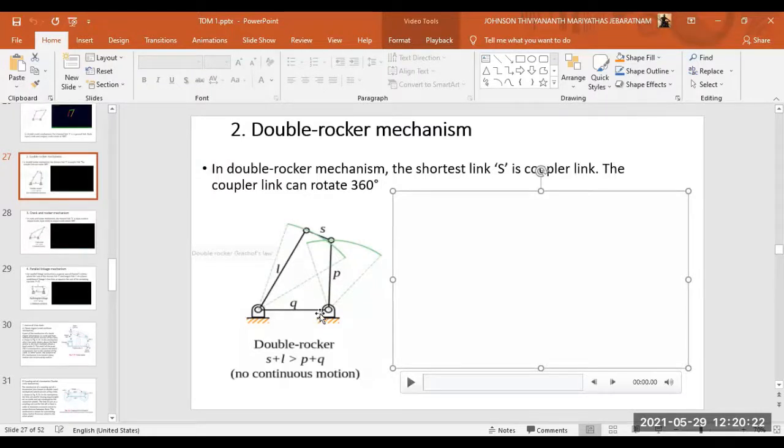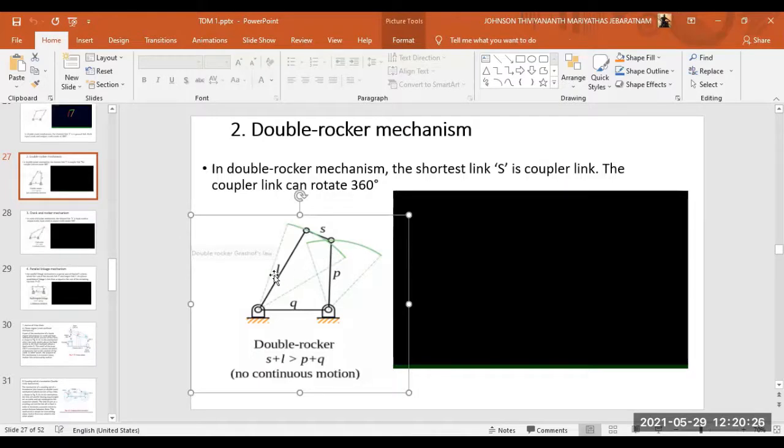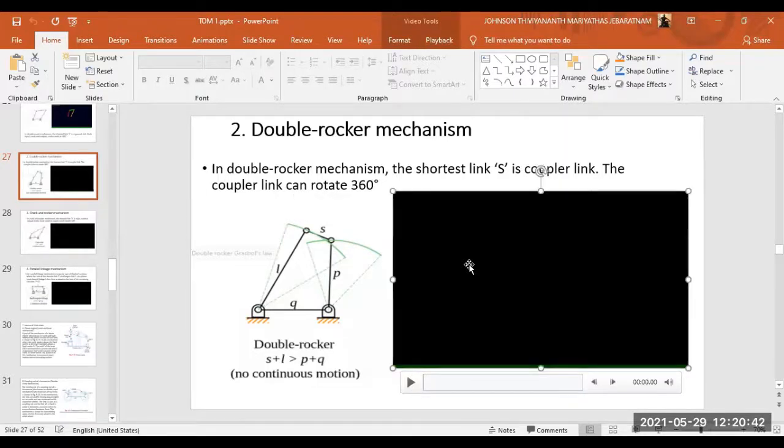If I consider P as the input, then I have L as the output. If I have L as the input, then I have P as the output. The one connecting these two is the connecting rod or coupler. So for the double crank mechanism, the shortest link should be grounded; for the double rocker mechanism, the shortest link should be the coupler.